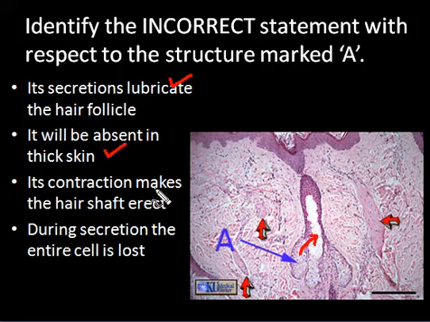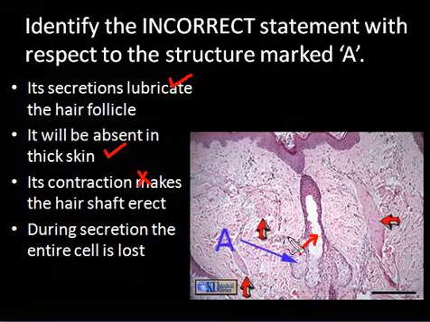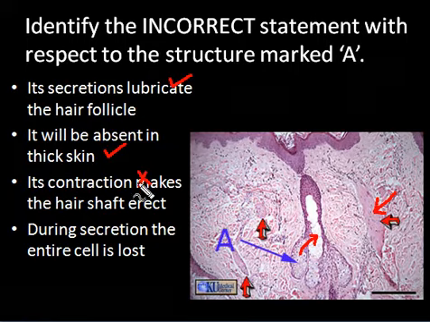Its contraction makes the hair shaft erect. This is wrong, because this is a gland, and its contraction does not make the hair shaft erect. The hair shaft is made erect by this structure, which is the erector pili muscle. So therefore this is the incorrect statement. But let's go further down and look at the last choice, which says during secretion the entire cell is lost.